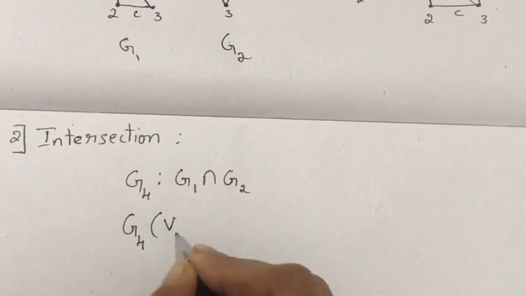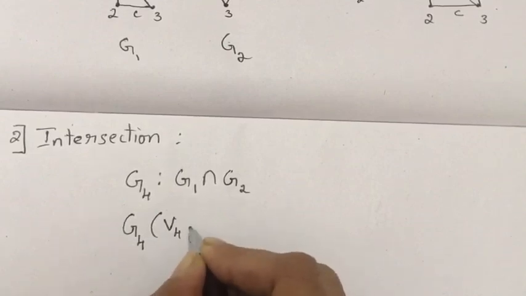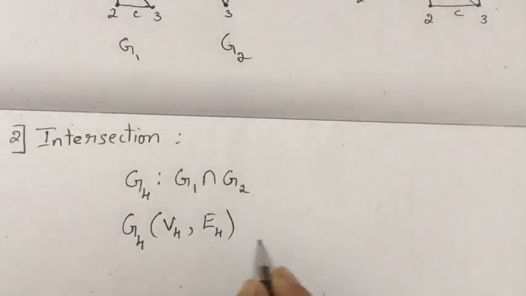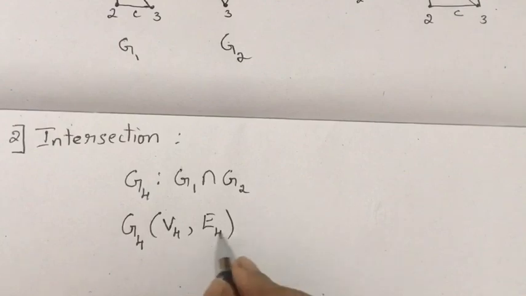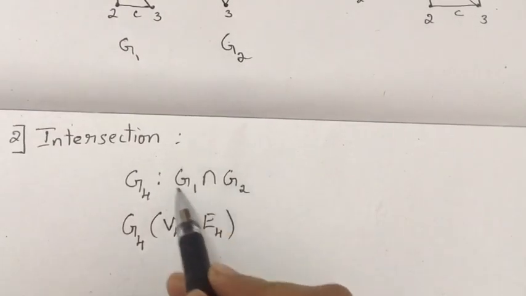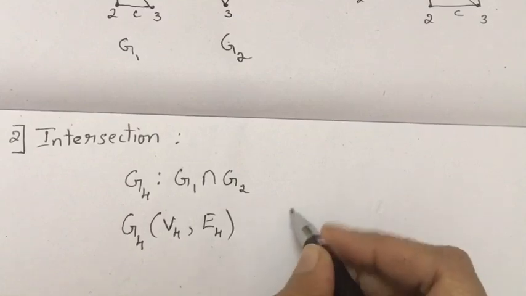It will have vertex set V4 and edge set E4 such that it consists of those vertices and edges which are in both G1 and G2.